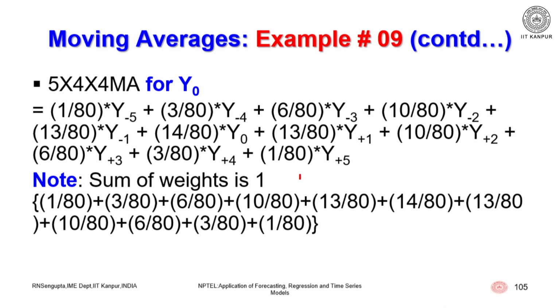So, if you see now, the weightages basically start increasing from the extreme left, peak at the value where you are trying to find out the corresponding forecast, which is y naught here, and again slowly decrease on to the right. That is point 1.